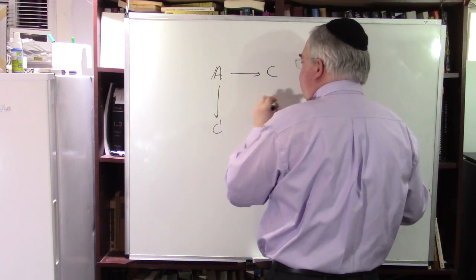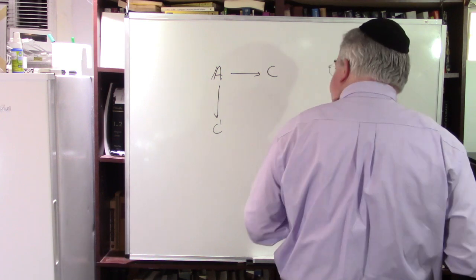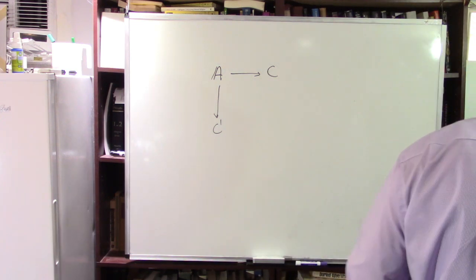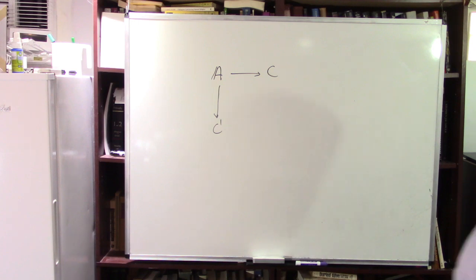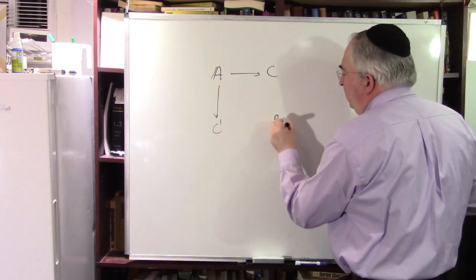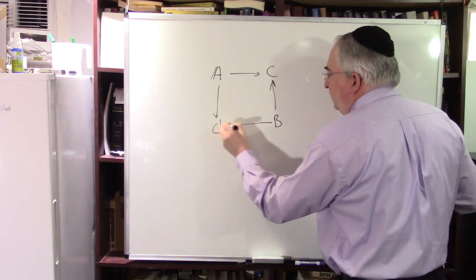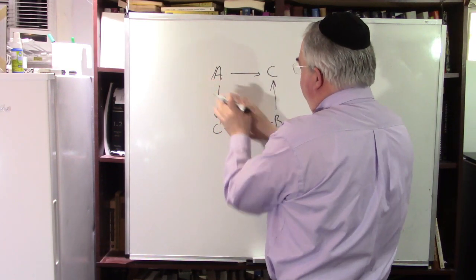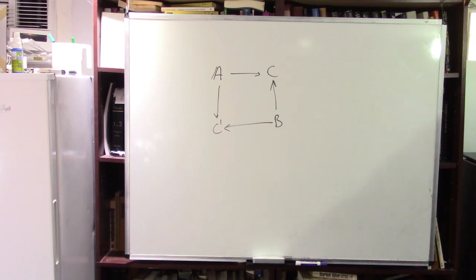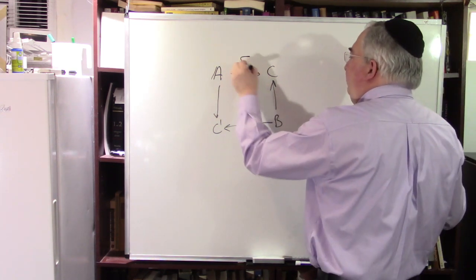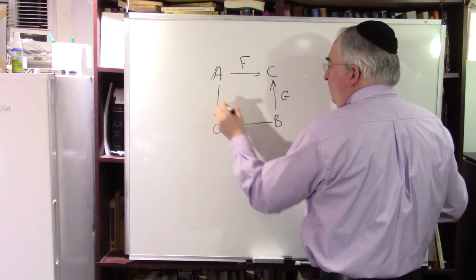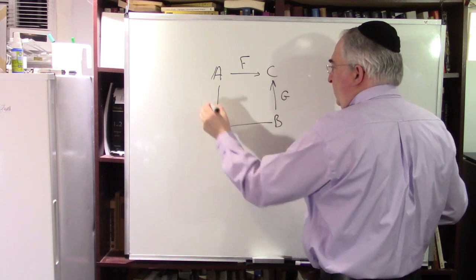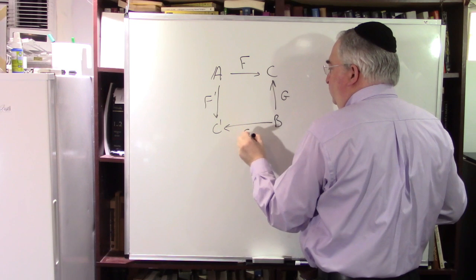We have a functor here and a functor here. And B is over here, and B goes like this, and B goes like this. I want to use the same names as I used before: FG prime. So this is FG, F prime, G prime.